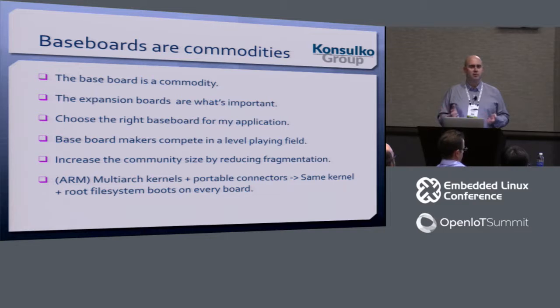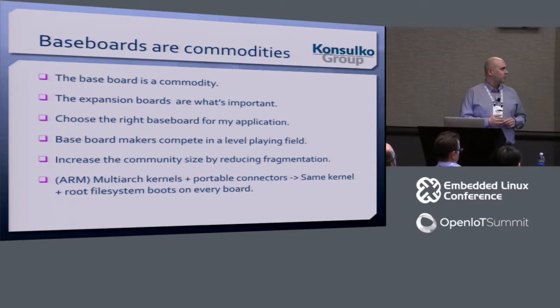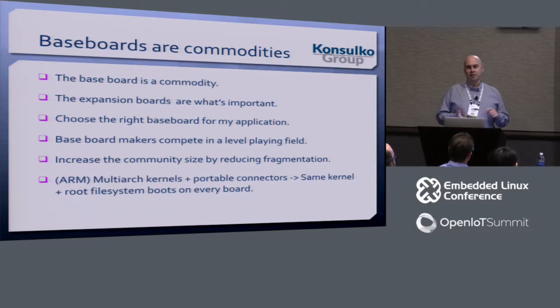You have to work specifically on that board community. And another thing now that we have on ARM, if we have multi-arch kernels, and if we have portable connectors, you can generate a kernel and a root file system that would work exactly the same on every board. So that means the community is a single one now.